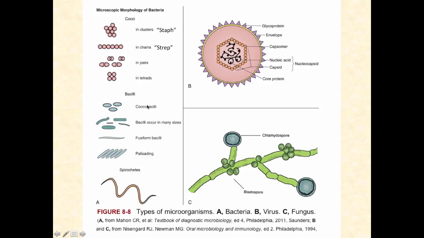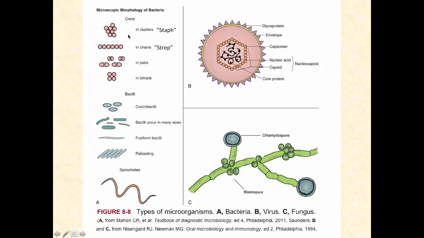Over here to the left, we've got different types of bacteria. The way disease-causing bacteria are named is actually based on their physical structure. Bacteria are single-celled organisms, and in their single-cell shape they can have different basic shapes.